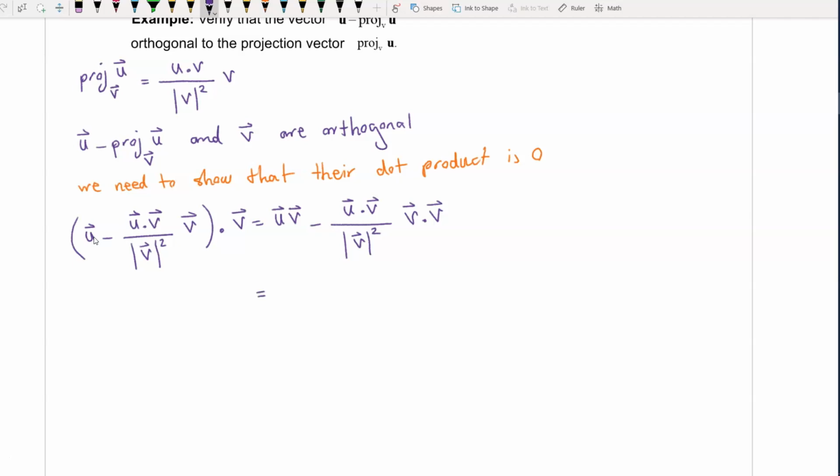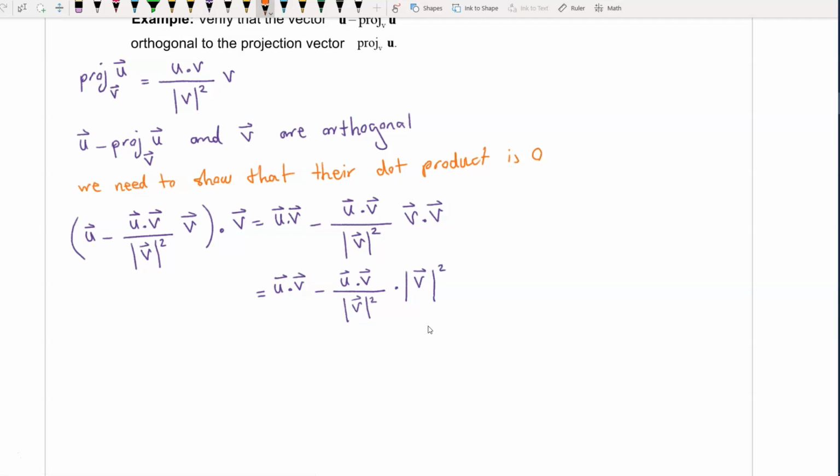So this is equal to u dot v minus u dot v divided by the length of v squared, multiplied by v dot v, so that is the length of v squared.